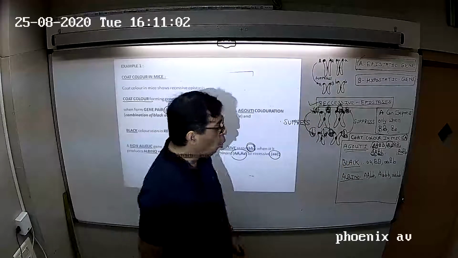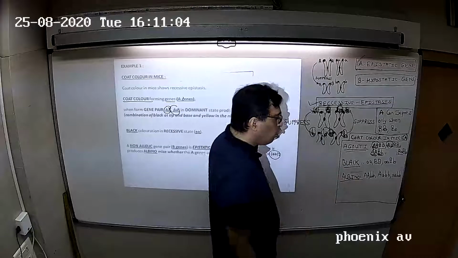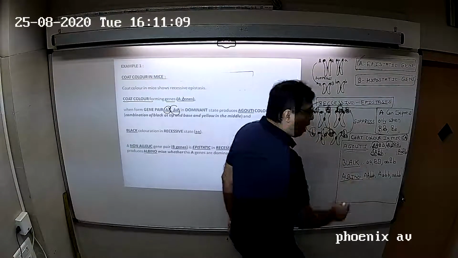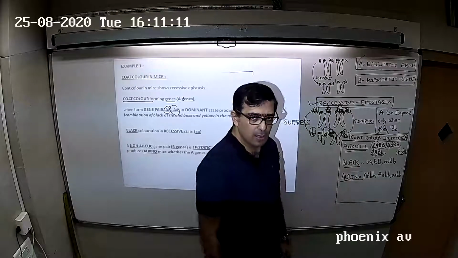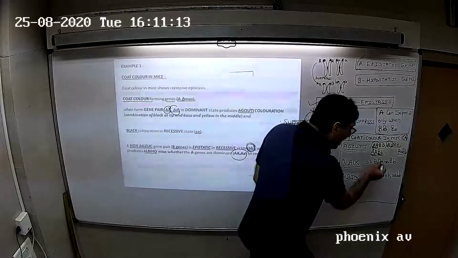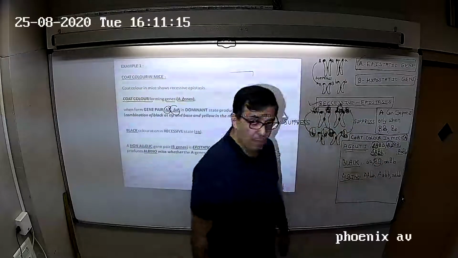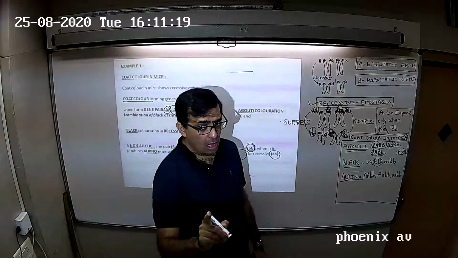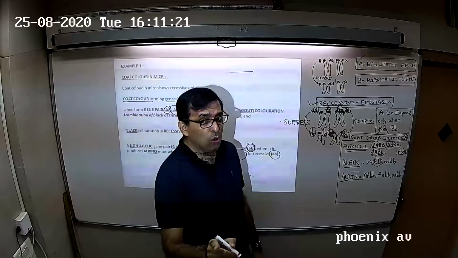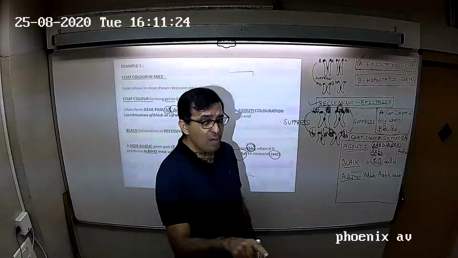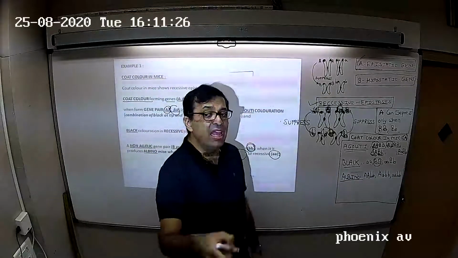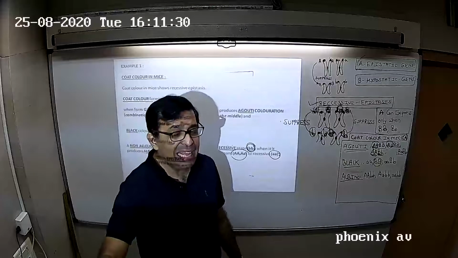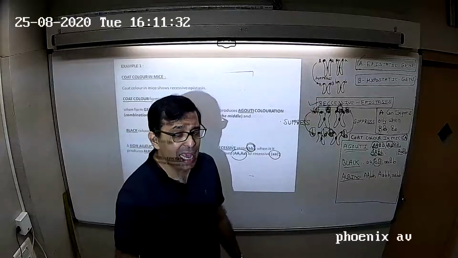Done. Who will produce black? Small a, if you remember, small a will produce black, but along with it, capital B. This is important: if small b comes, then recessive epistasis occurs and black will not form, it will become albino again.